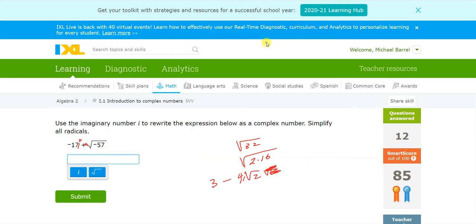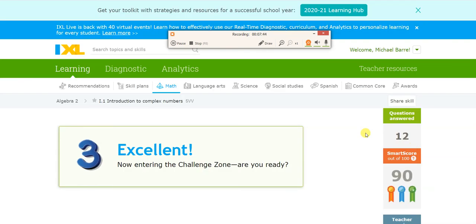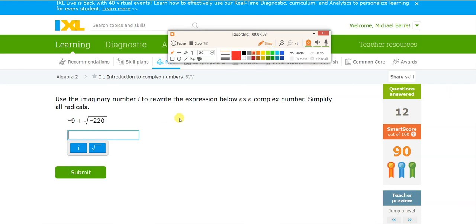Going to jump a level again. Challenge zone. Are they going to get any more complex? Just the simplification is going to become more complex. All right, so here's my i.